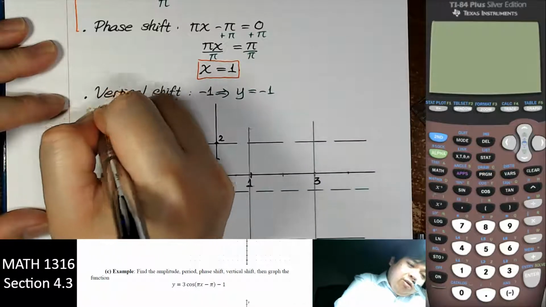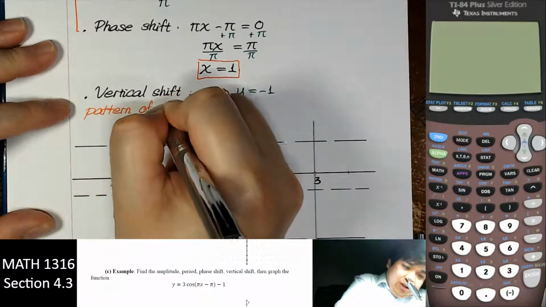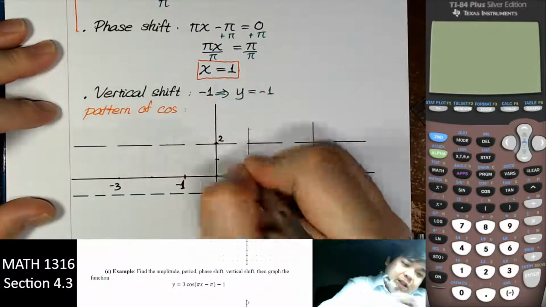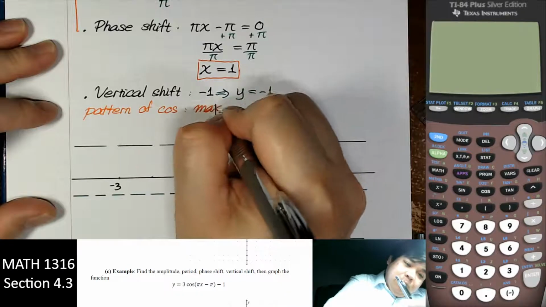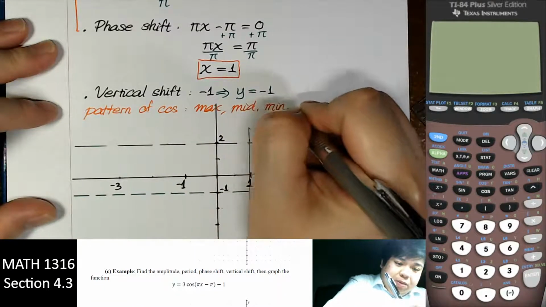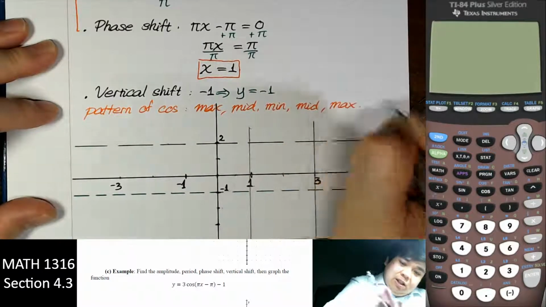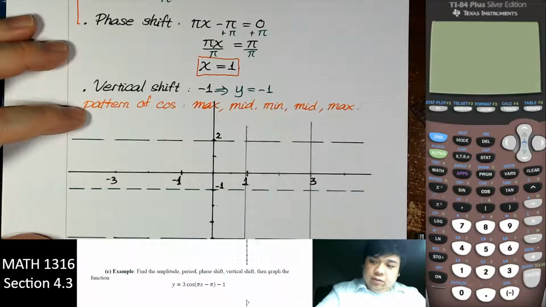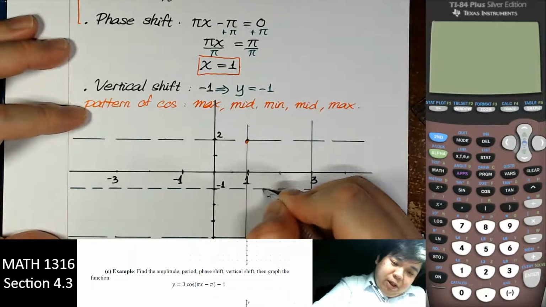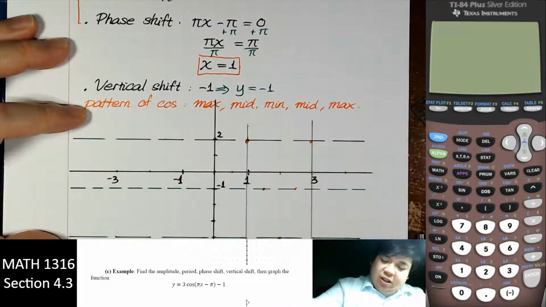The pattern for cosine is maximum, middle, minimum, middle, and then max. So maximum, middle, minimum, middle, max.